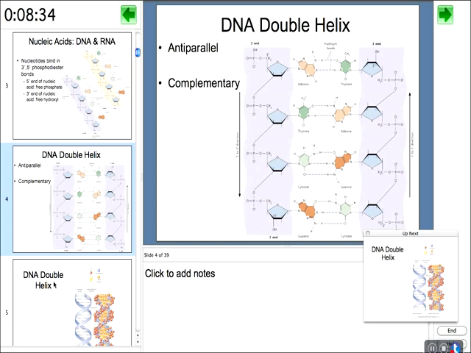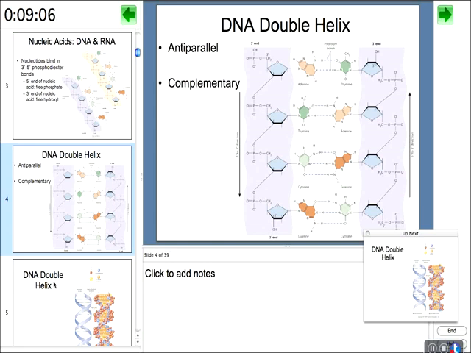Let's do that as an example. So if I drew up, here's the 5' end, and it's, right. So if here's one strand of DNA, if this is the 5' end, that means this would have to be the 3' end. And I expect you could identify what the other side of this strand would look like.